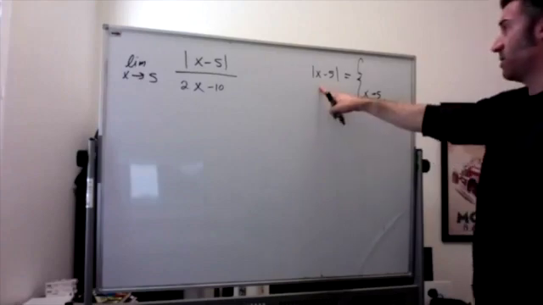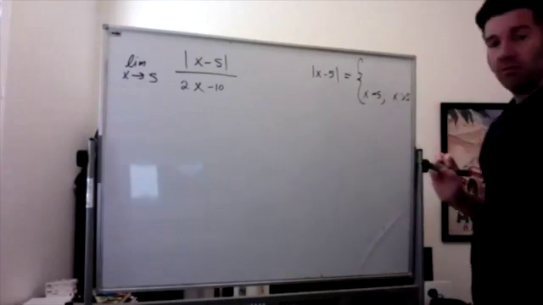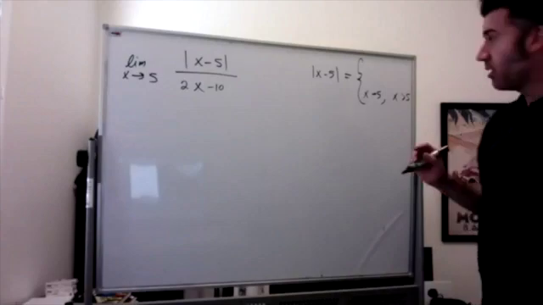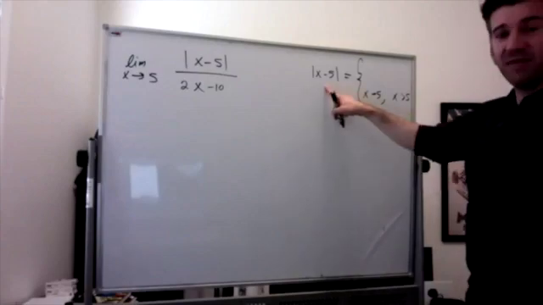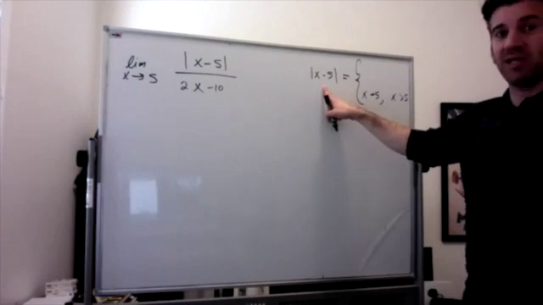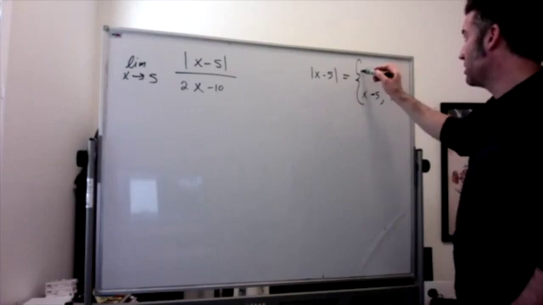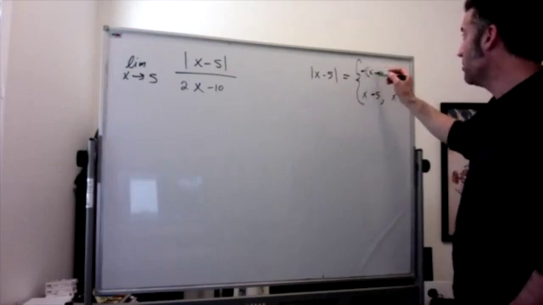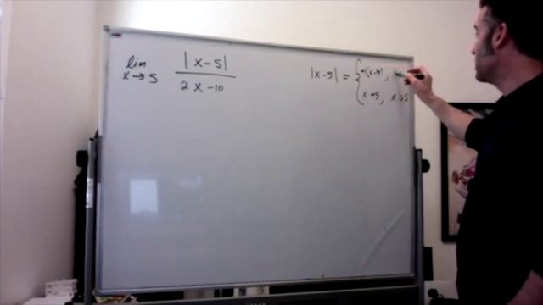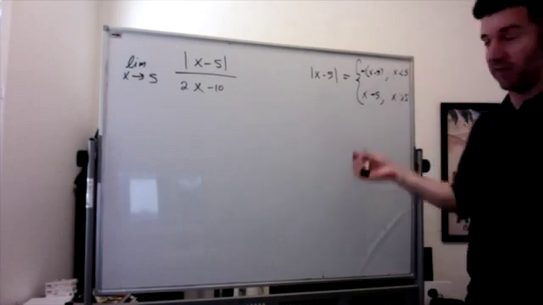So the absolute value of x minus 5 is equal to x minus 5 if x is bigger than 5. On the other hand, if the inside stuff is negative, then to turn a negative number into a positive number, you have to multiply it by negative 1. So we multiply the inside stuff by negative 1 if the insides are negative, which means if x is less than 5.